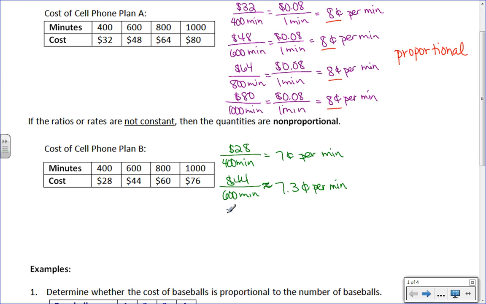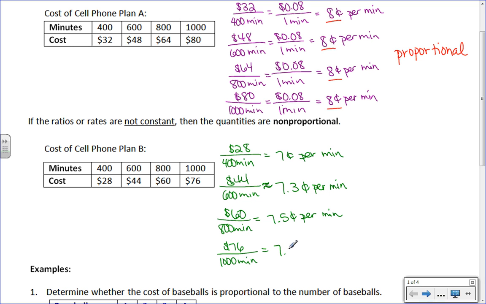Then the next one's $60 for 800 minutes. When we divide these, this comes out to 7.5 cents per minute. And then the last one, $76 for 1,000 minutes.